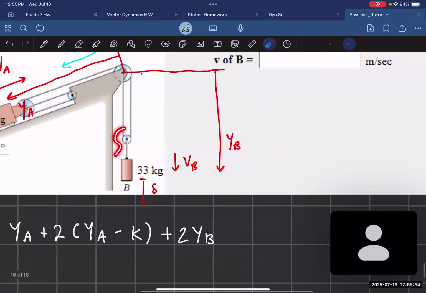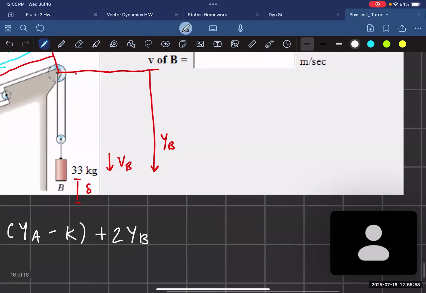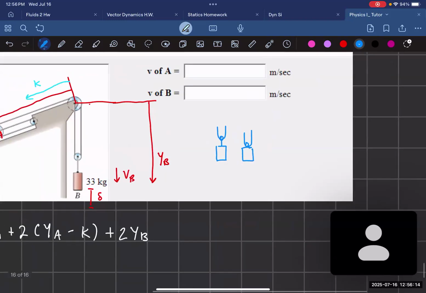An important side note: if you set up the free body diagram for the massless pulley, you would get that a pulley setup such as this is identical to a pulley setup such as this. So the math for it is the exact same.